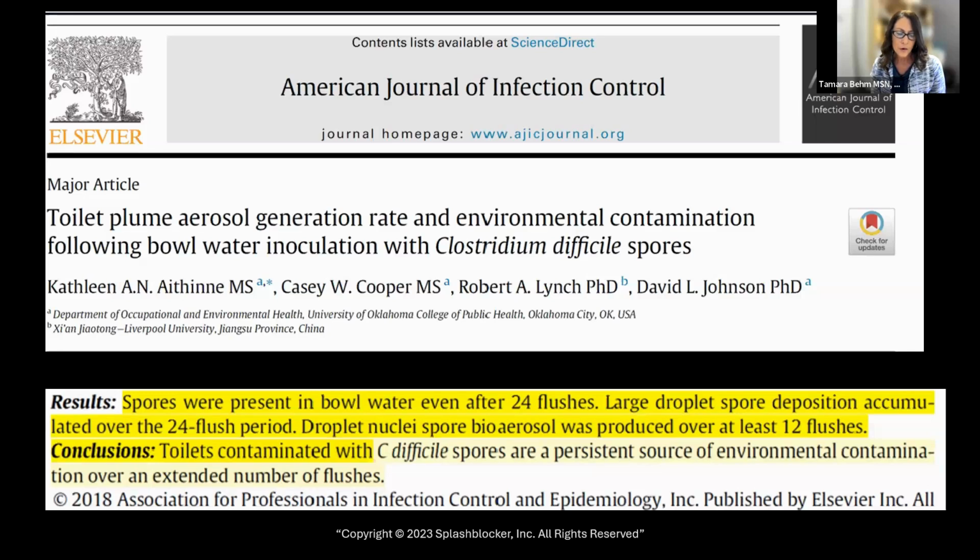So, for example, you're going to worry about that affecting future patients in the room, right? That's pretty scary because, for example, if that patient's only there for a couple of days, that spore is still in the toilet bowl. Furthermore, the droplet nuclei spore bioaerosol was produced over at least 12 flushes. So the study showed a persistent source of C. diff contamination from the environment over an extended period. Pretty scary, if you ask me.